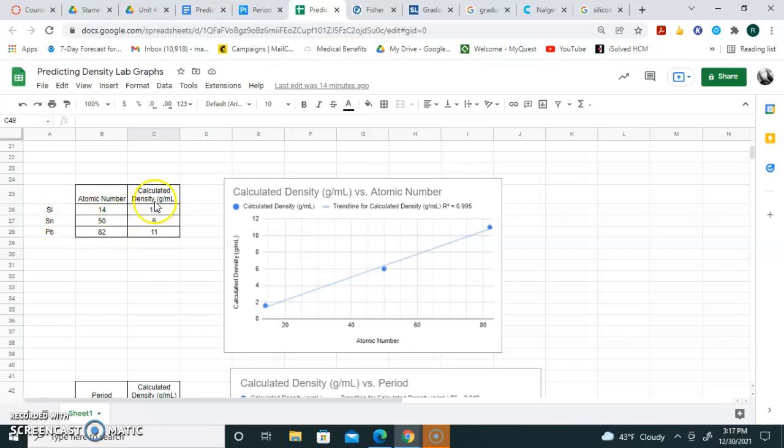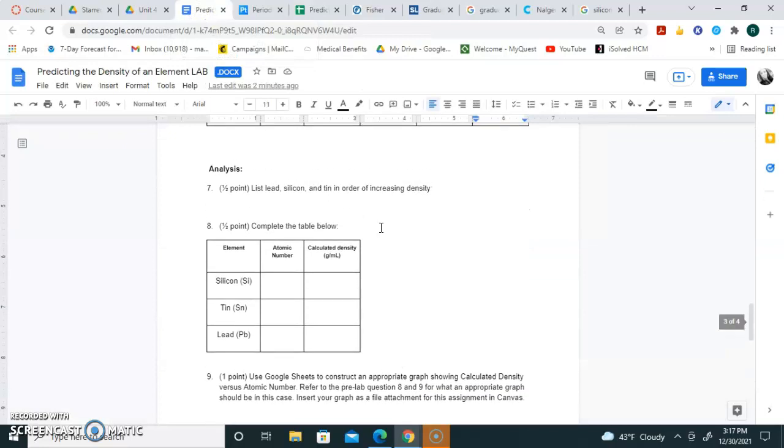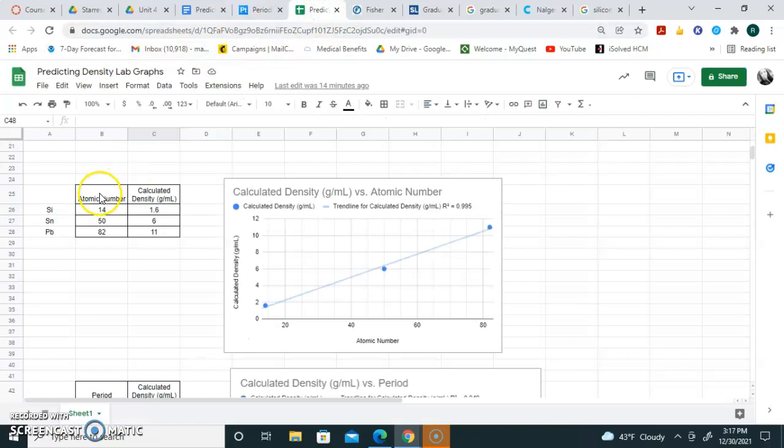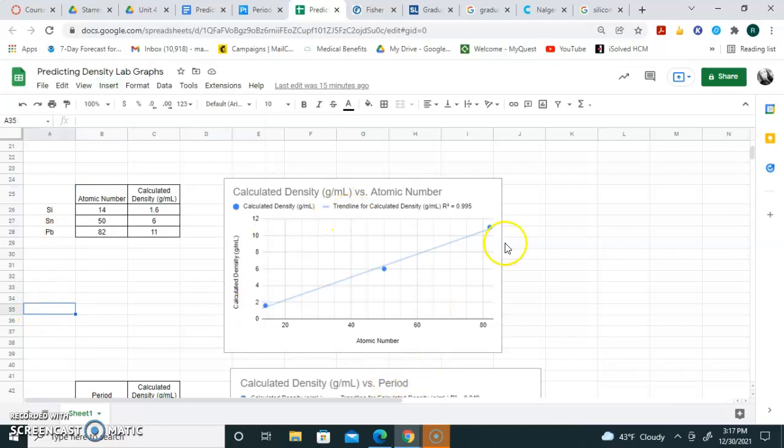Made myself a little table with my density that I calculated right in this part of the lab. Okay. Once I have this information in my table, I'm going to go highlight my information. I'm going to go insert chart and make myself a chart like this.